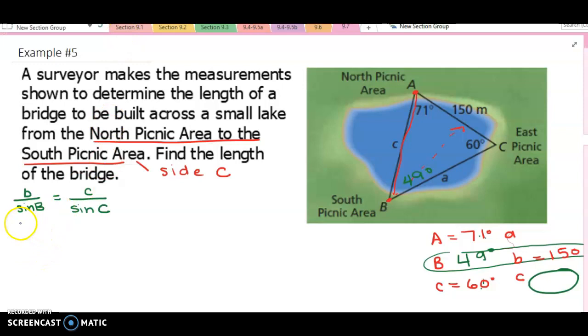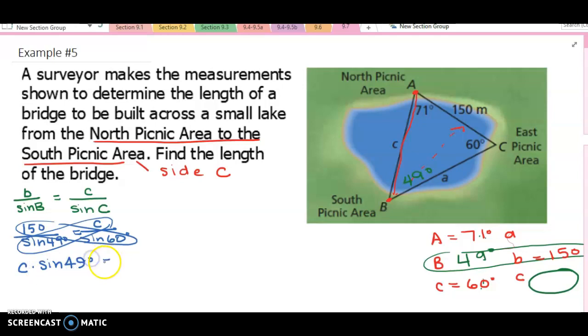Now plugging it in, 150 over the sine of 49 degrees equals c over the sine of 60 degrees. I cross multiply, so c times sine 49 degrees equals 150 times sine 60 degrees.